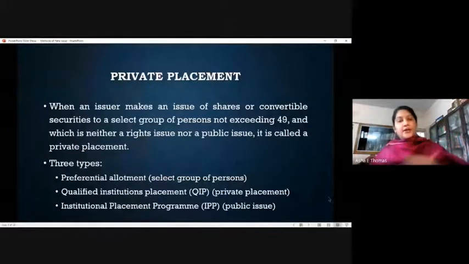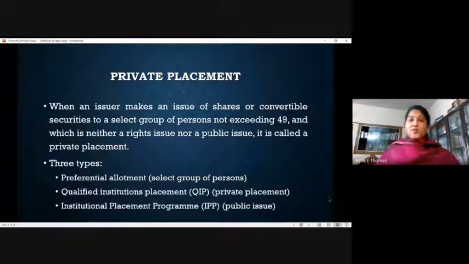Okay, what we have to understand is most of the large private placements will be placed before QIP, not before the individual investor group, because the chance of the offer being accepted is more with qualified institutional placements. Now, the institutional placement program is comparatively new in the Indian context.